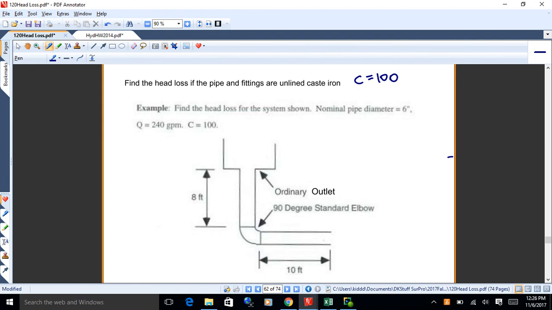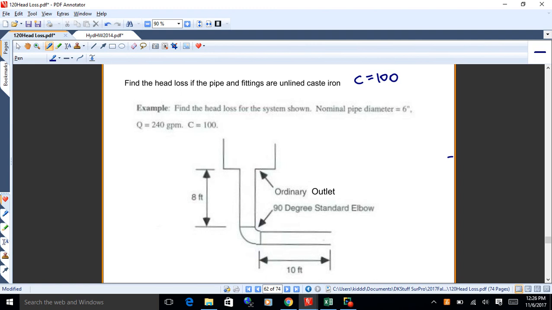Some of it is just 8 feet and 10 feet of pipe, so that's easy enough. But you've also got an ordinary outlet, which is just a flush pipe on the bottom of a tank, kind of like on your bathtub. And then we've got a 90-degree standard elbow, just a regular elbow turning a right angle.